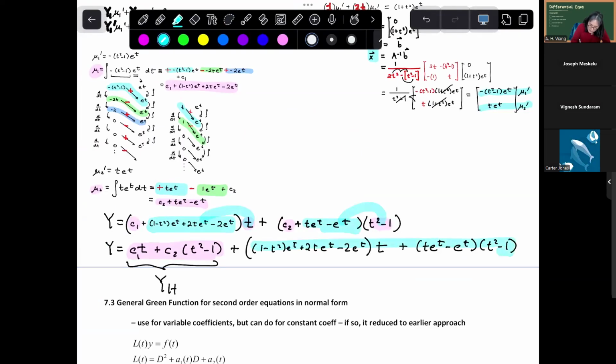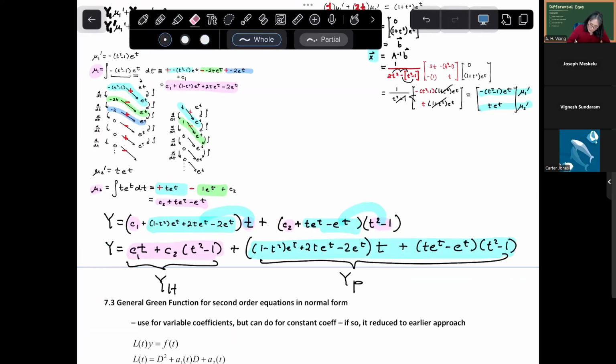This is a particular solution when the c1, c2 are 0. So I go yp. And I'll point out again that this came from the homogeneous, and this is the mu1, and this is the mu2. Okay, so this is how you do it.